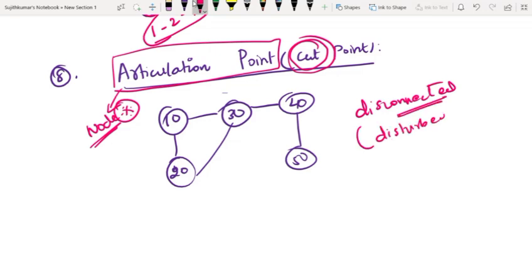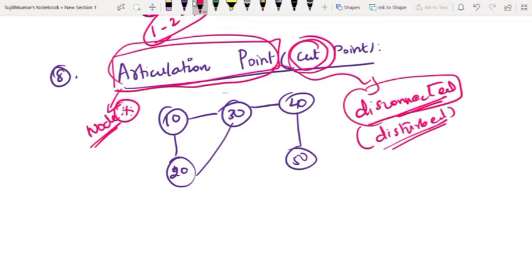For example, if I cut 50, nothing will happen to this graph; it will remain the same. But if I cut the node which acts as an articulation point, then the graph will be totally disturbed or disconnected. Can you guess which is the articulation point of this graph? Just pause the video and guess.